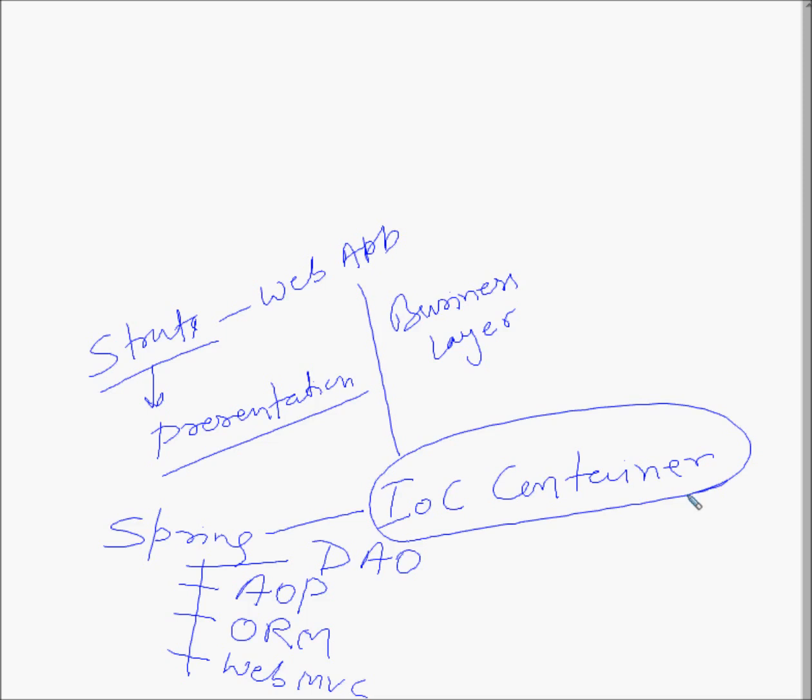What it does, it provides you the object reference implicitly in a class during runtime. So you need not create the object. It will provide you the object implicitly, and you can use it and work with it, right? So you are getting the object implicitly.